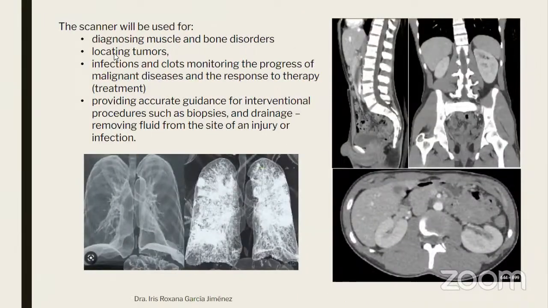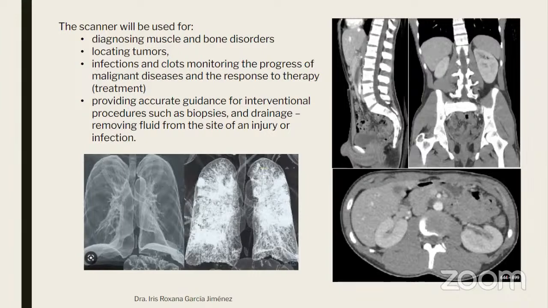Uses of CT scan: diagnosis of muscle and bone disorders. It's used for locating tumors, used for checking infections, for example, abscesses and clots, and monitoring the progress of malignant diseases. Then we get providing accurate guidelines for interventional procedures, such as biopsies and drainage.